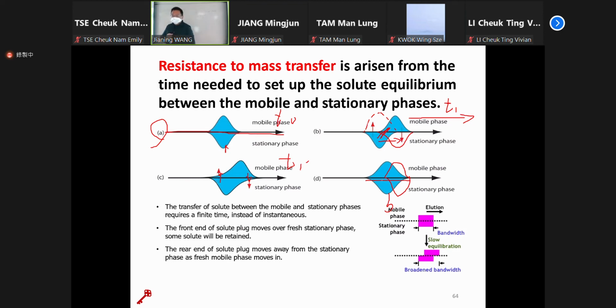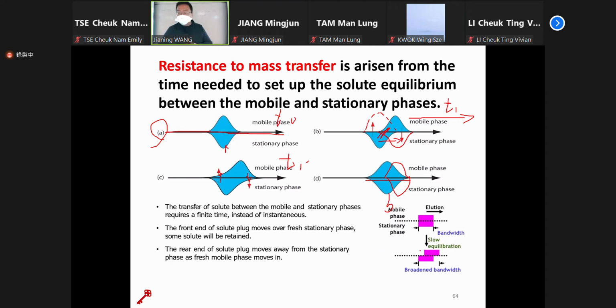If you think of the Gaussian-like shape, it's hard to understand. I think the rectangular shape looks easier to understand.